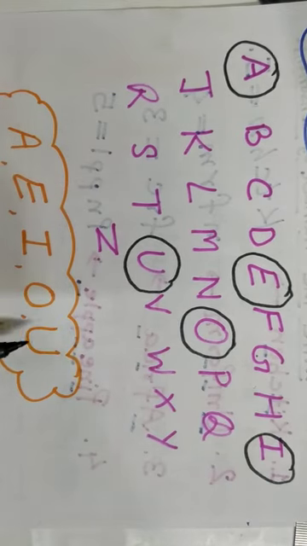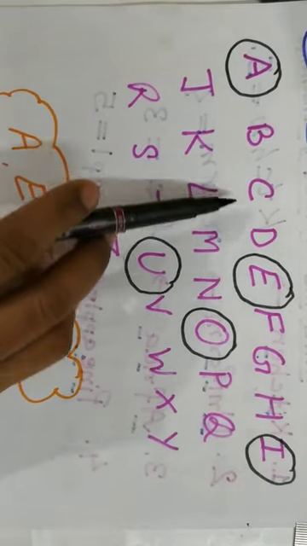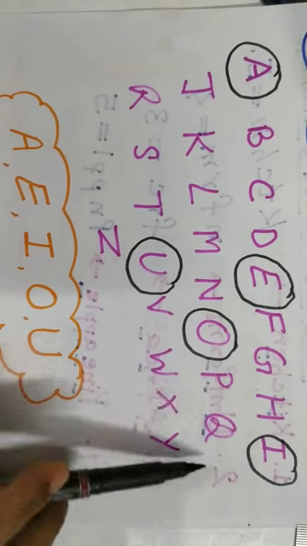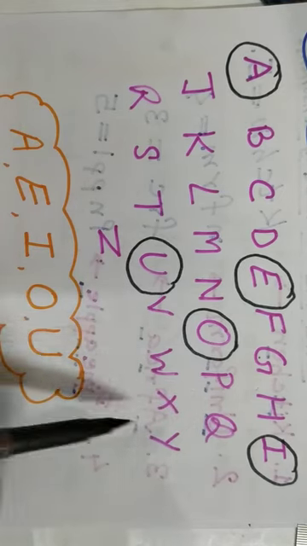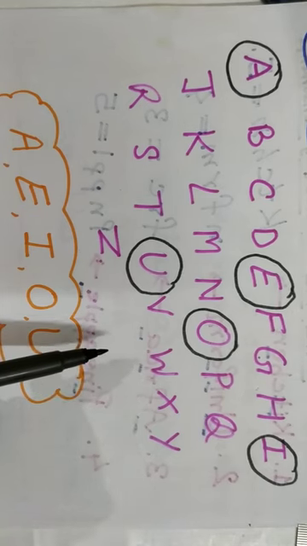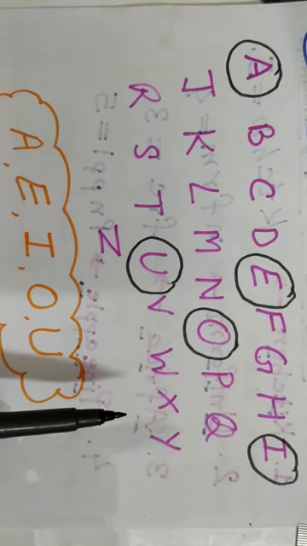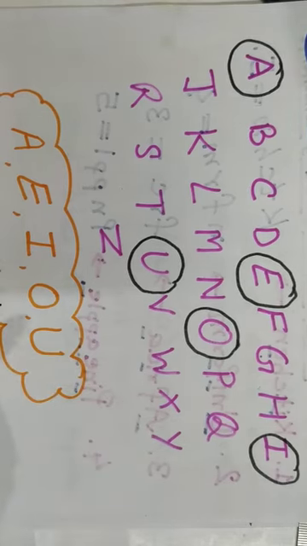Till here you know that A, E, I, O, U are vowels, and B, C, D, F, G, H, J, K, L, M, N, P, Q, R, S, T, V, W, X, Y, Z. These are consonants. Well, children, we use an before a word if it begins with the letter A, E, I, O, U.